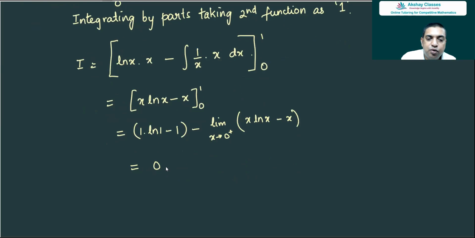You will get 0 minus 1 minus, the second part is 0, this part limit is 0, but here we will have to apply L'Hospital's rule for limits of miscellaneous functions, which we have done in the previous chapter.